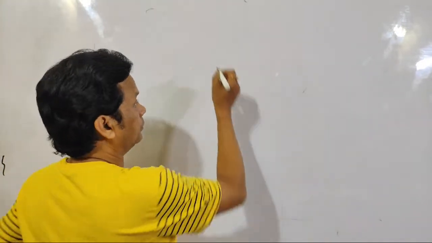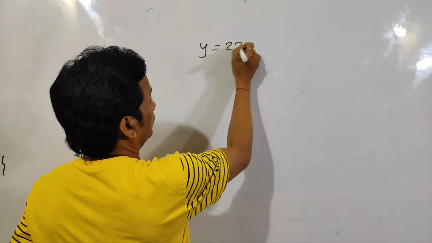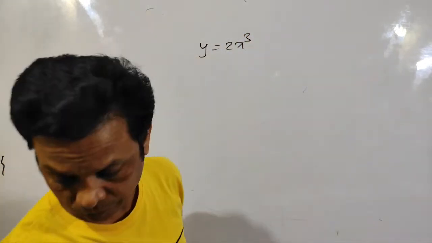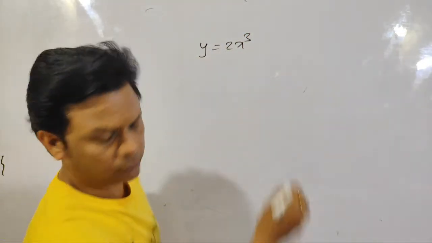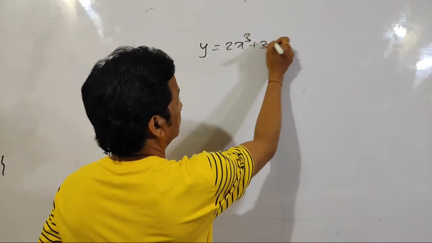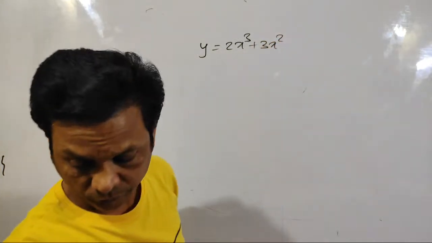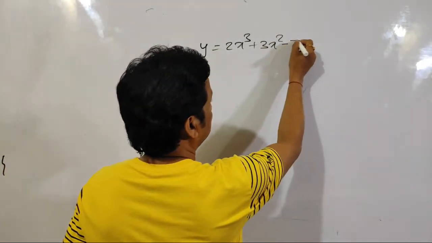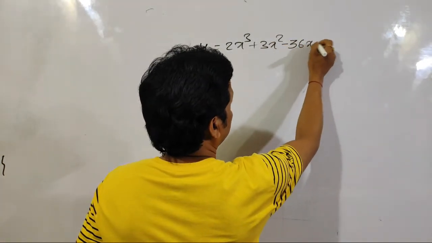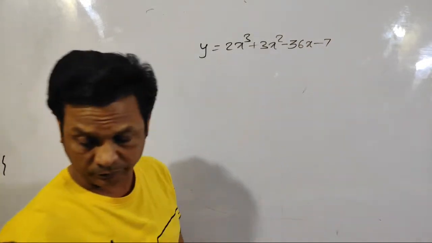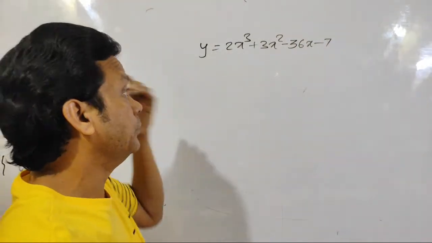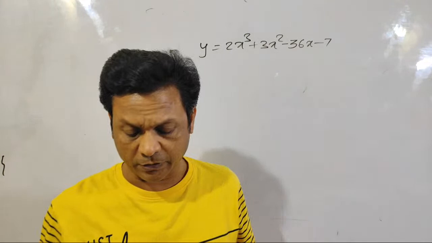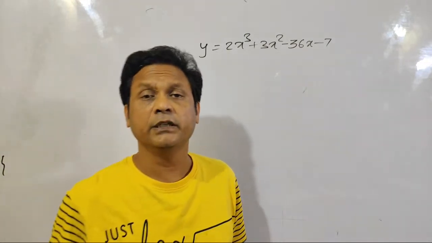y is equal to 2x cube plus 3x square minus 36x minus 7. You have to find out the interval in which the function is increasing and the interval in which the function is decreasing.